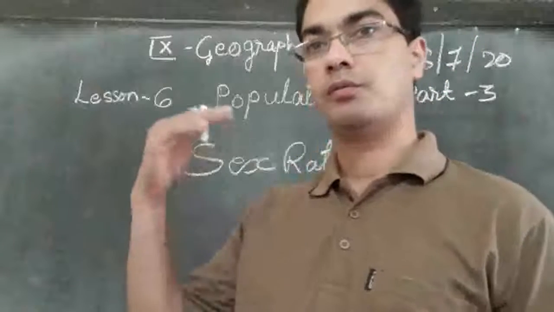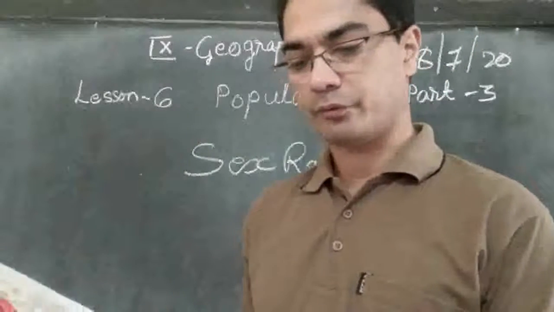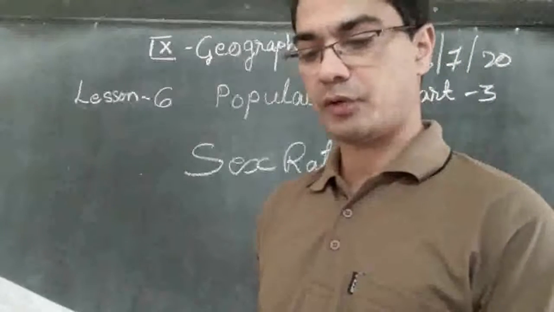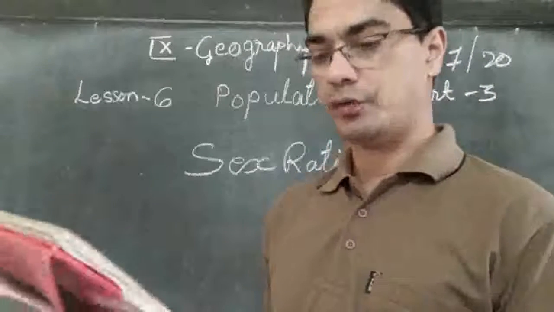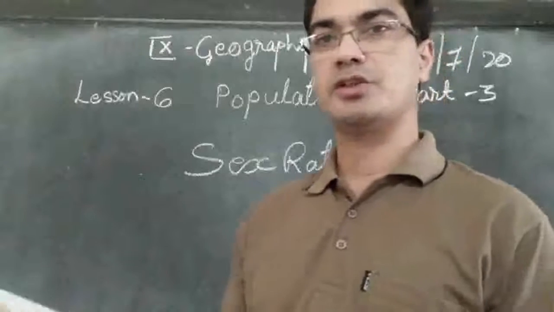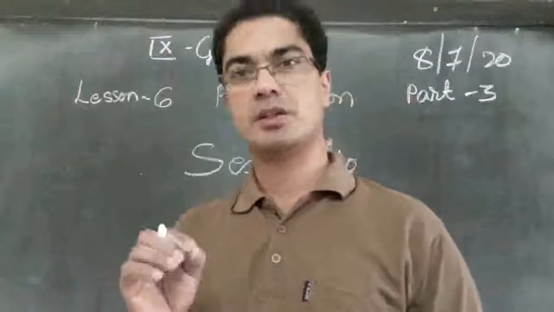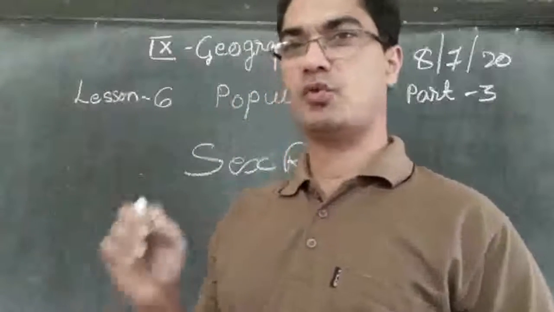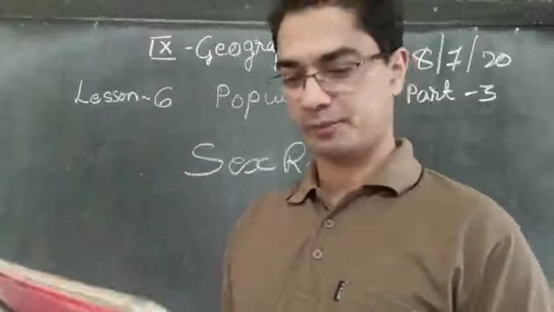So 58 females are more. And Pondicherry has 1001 females for every 1000 males. So if you take Pondicherry, that is a union territory, there is somewhat equal, 1000 males and 1001 females. So one female is more there.